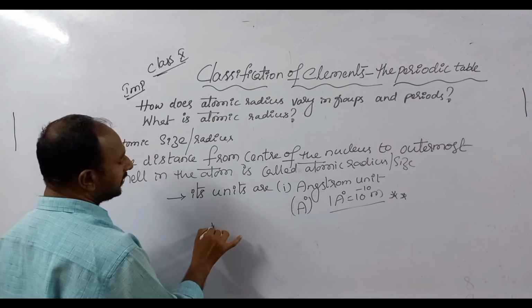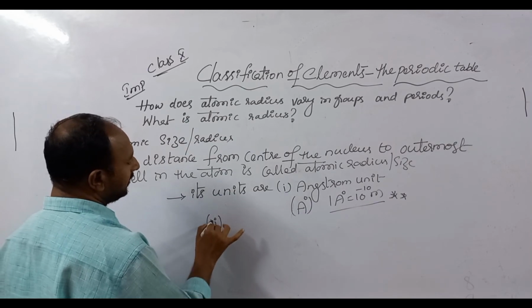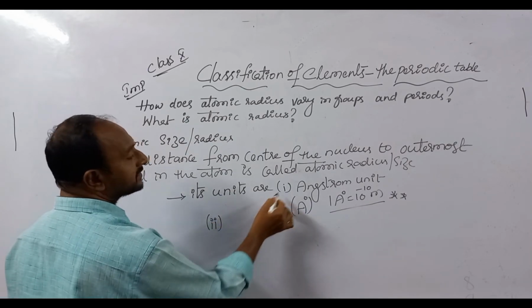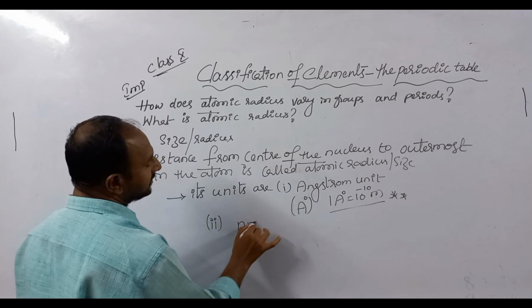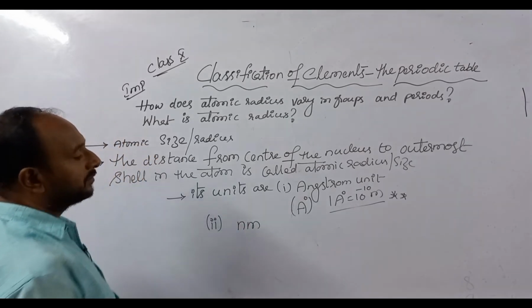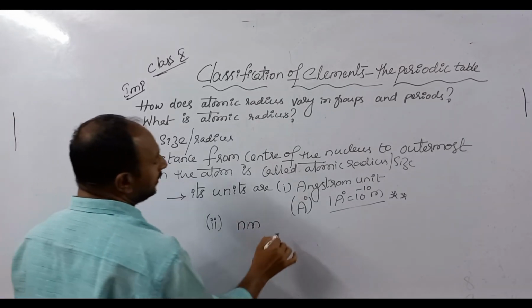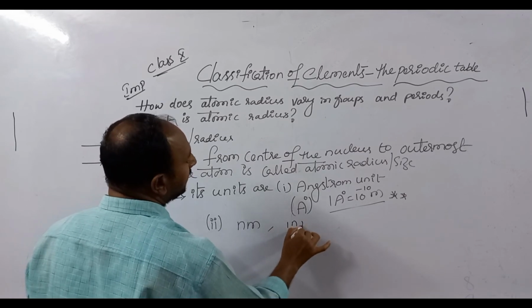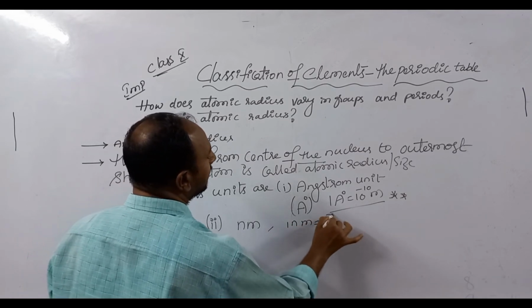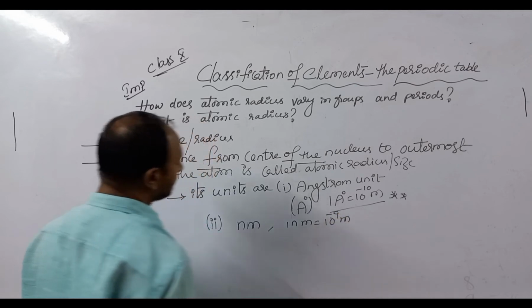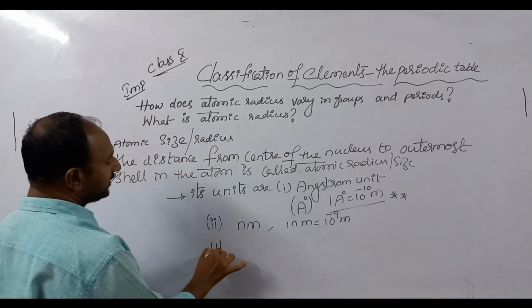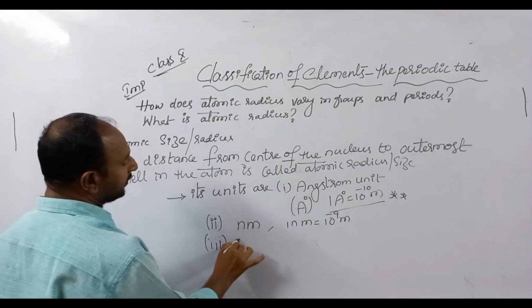And the second one is also there. It can also be expressed in nanometers. Nanometer in short form can be written as nm. So 1 nanometer is equal to 10 power minus 9 meters. And the third one is the picometer.